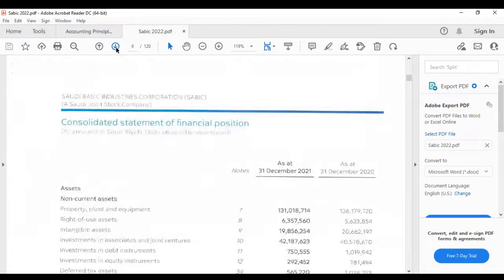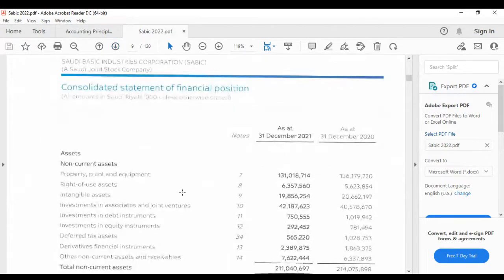Any idea? This one, you can see here, is the statement of financial position, or we call it the balance sheet. This is just another name for a balance sheet.